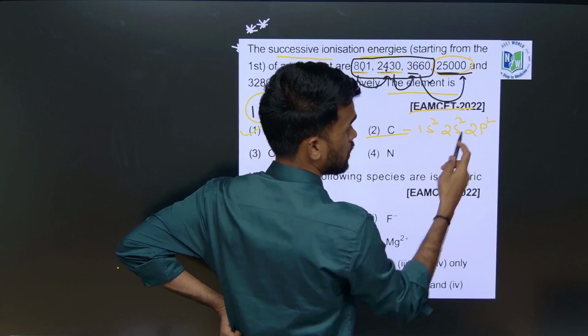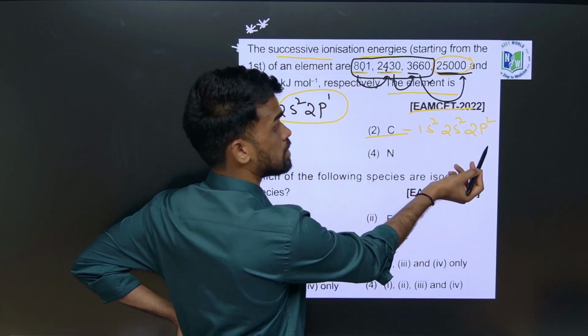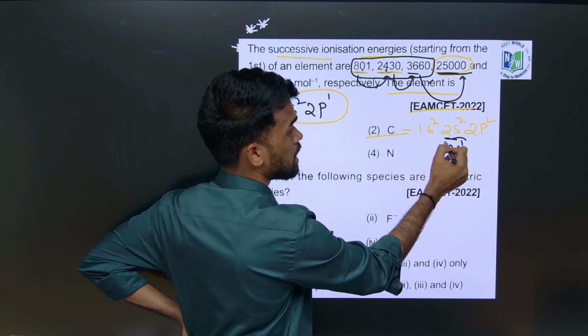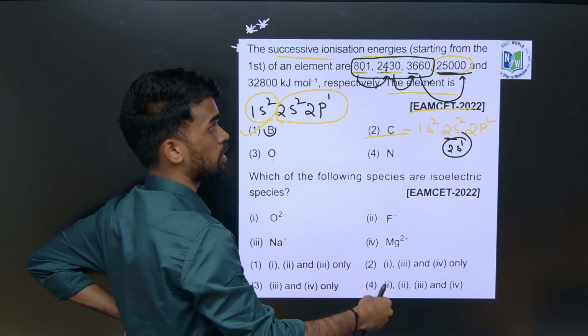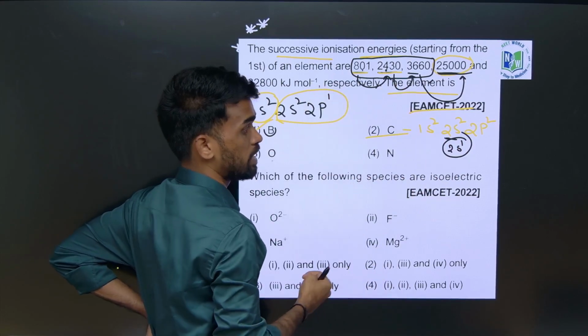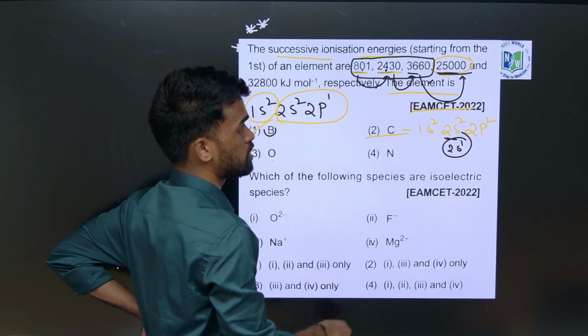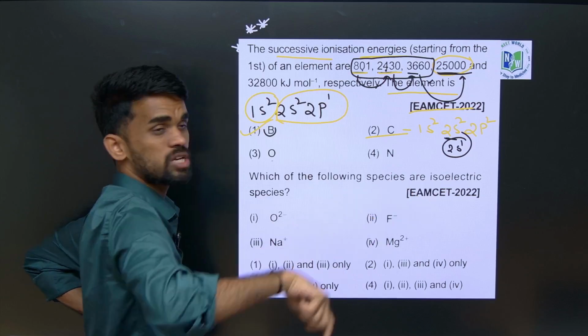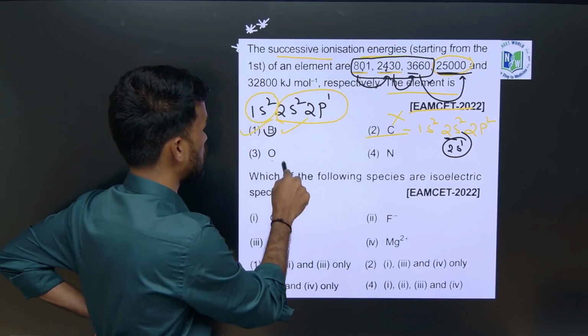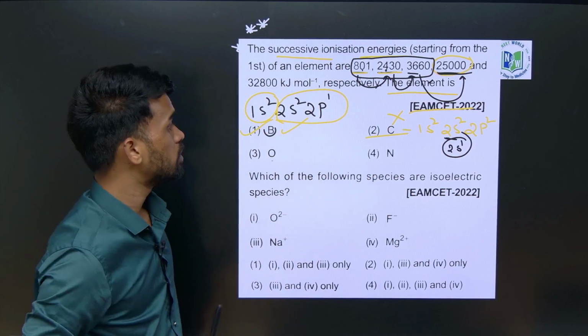Here, if I remove 3 electrons, I can also remove the fourth one, because after removing 3 we have 2s1. This electron can also be removed with comparable energy, which means 4 values should be almost comparable, so this is not the suitable one. Only the first one is suitable. Similarly, you can compare this for your reference.